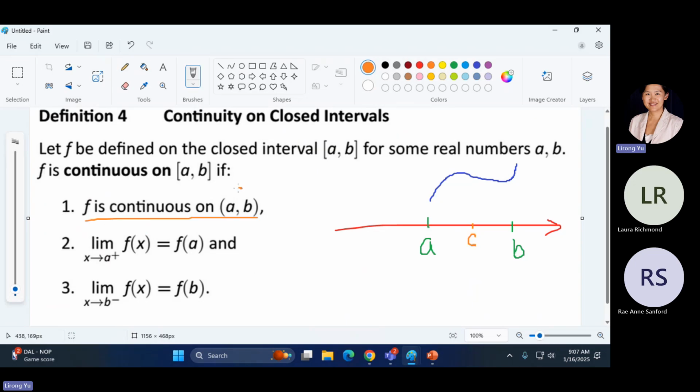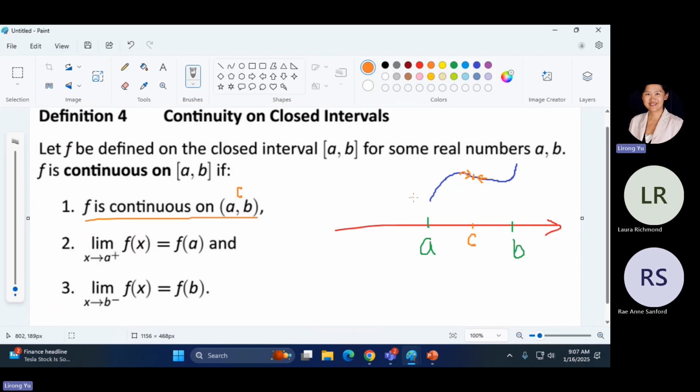Whenever you get a number in the middle of A and B, that's a point on the open interval, and we're saying the function is continuous at C. So at C, you will have a limit on the left, a limit on the right, and the function value in the middle. All three are equal. That's continuity at C, and that's the definition for continuous on the open interval.